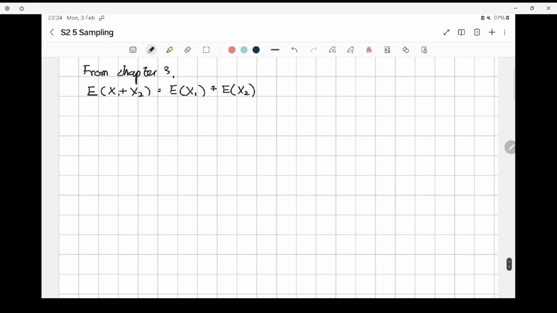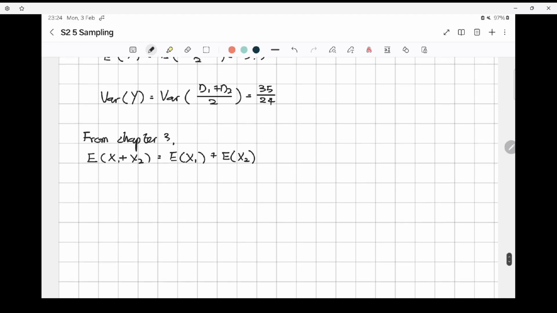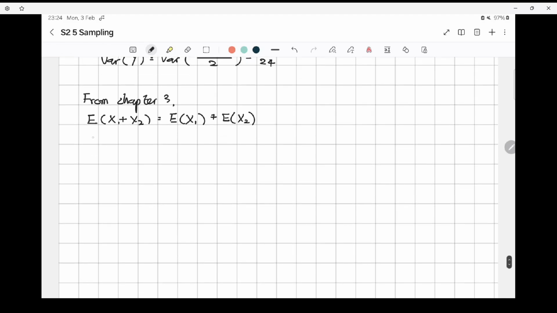So now let's put this as a dice roll. Let's write it down. You have E[(D1 plus D2) divided by 2]. You can separate this out: E[D1 over 2] plus E[D2 over 2].